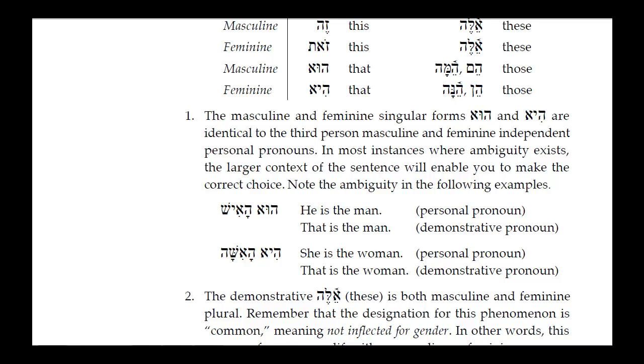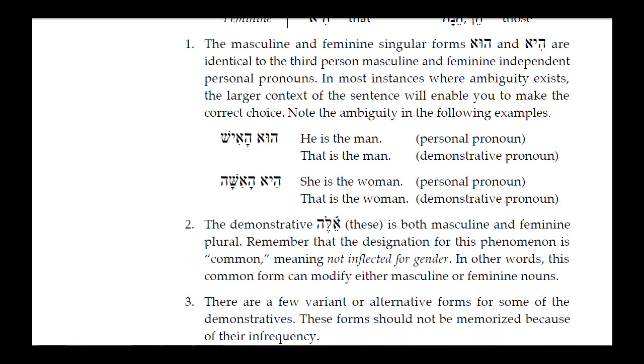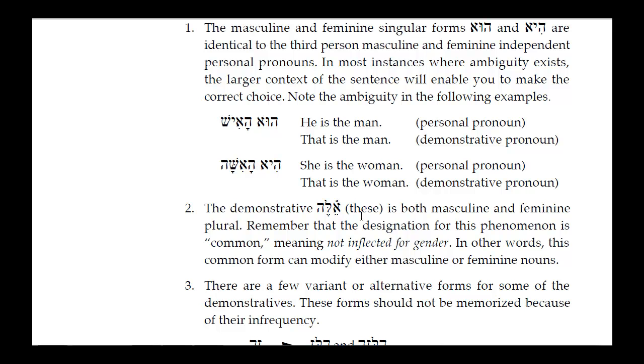Also, we have in number 2 here the demonstrative pronoun eleh is both masculine and feminine plural. Remember that the designation for this phenomenon is common, meaning not inflected for gender. So it's not really concerned with the gender in this situation here. It basically incorporates both the masculine and feminine. In other words, this common form can modify either masculine or feminine nouns.